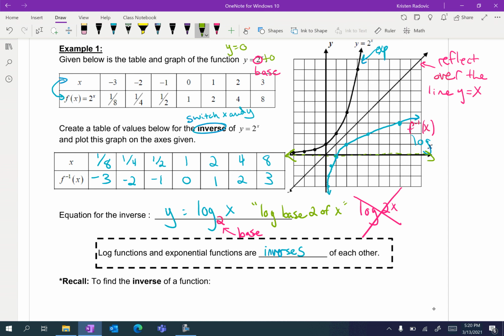Now, keep in mind the inverse, when you switch your x and y values, my asymptote switches as well. So instead of y equals 0, the asymptote of the logarithm is going to be x equals 0. Instead of a horizontal line, the inverse is going to have a vertical line.